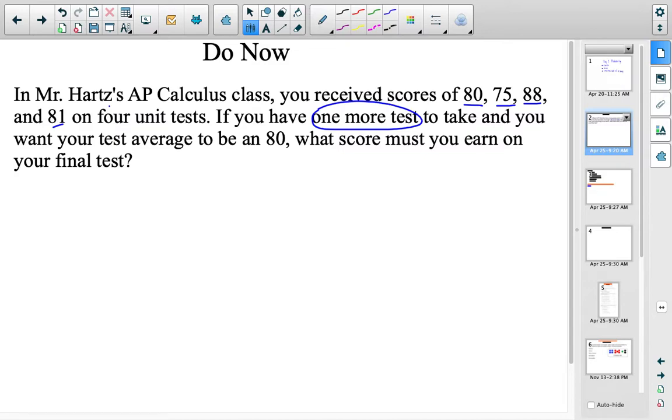So when I see these, for average, I'm going to have some values up here divided by a denominator, how many total values I have, and that's going to give me my average. In this case, we know the average is 80. We're going to have 5 tests because we already know scores for 4, but then we have this one more.